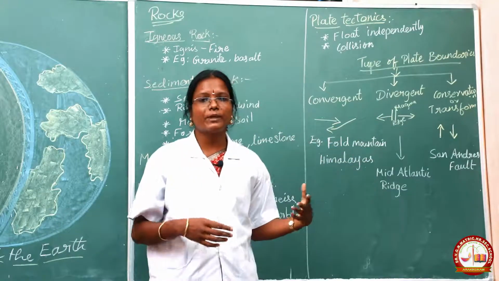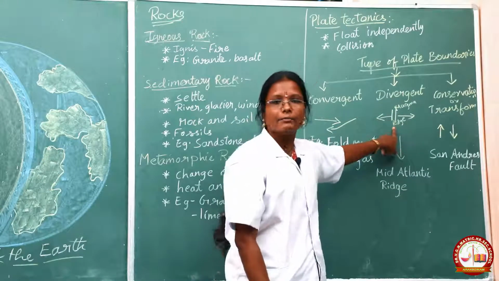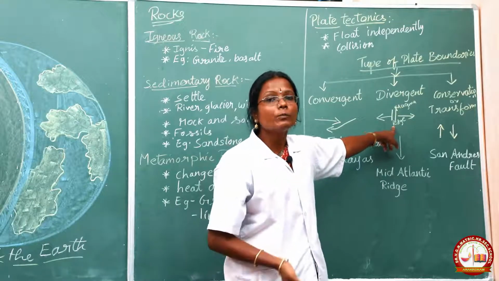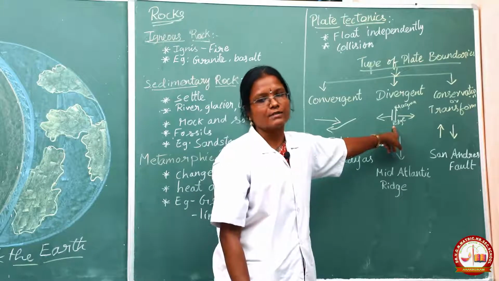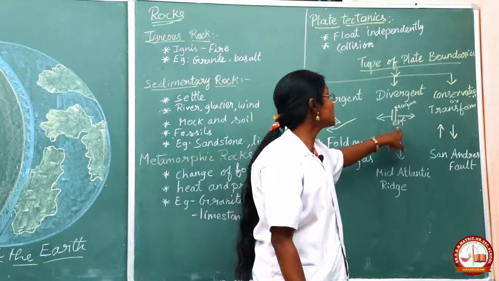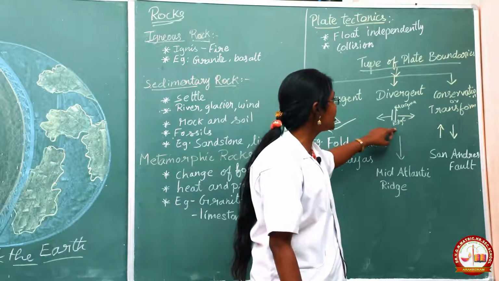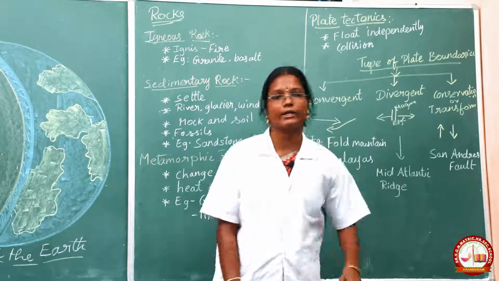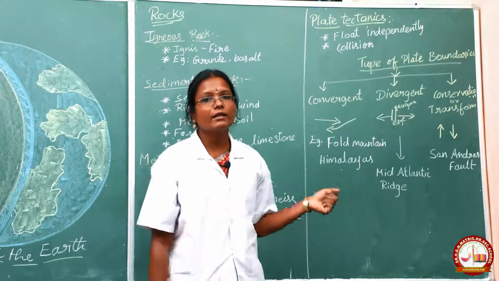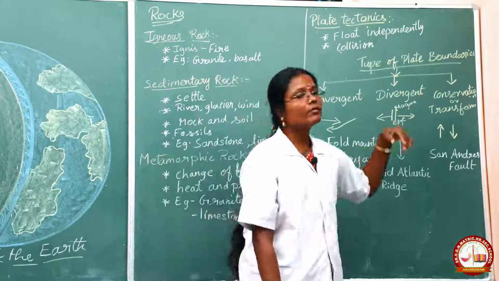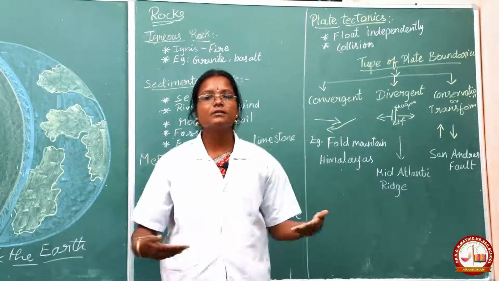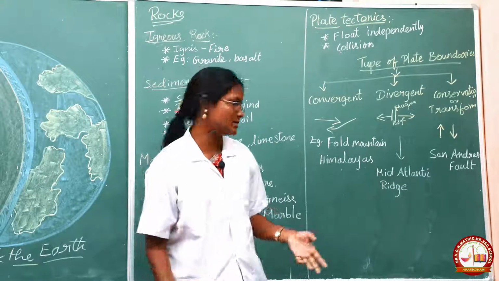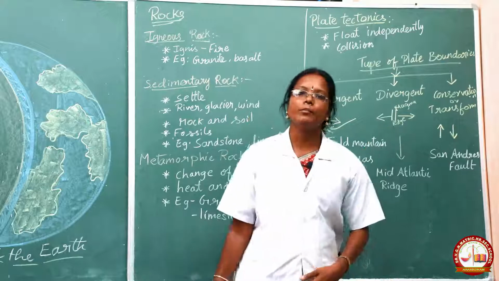Because of that, a ridge forms and a gap comes in the earth's crust, which erupts magma from the earth's surface. This kind of divergent plate boundary you can see in the Mid-Atlantic Ridge. Magma will come out in different places, suddenly from the earth's crust, because of divergent plate boundaries only.